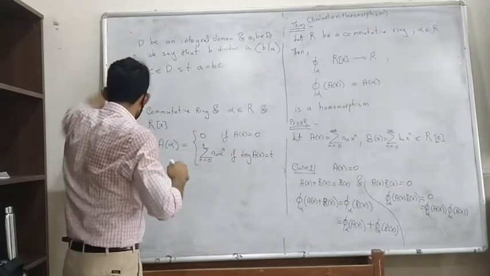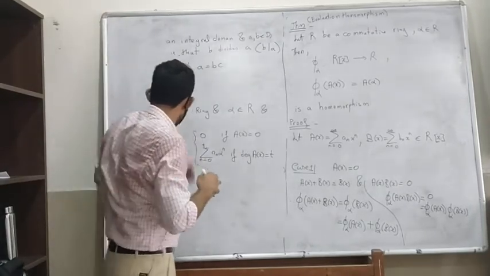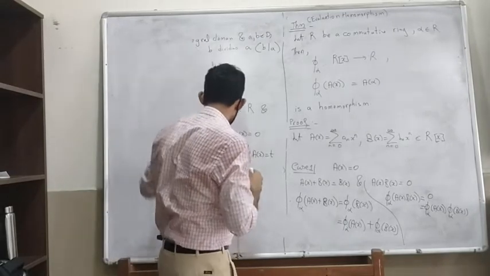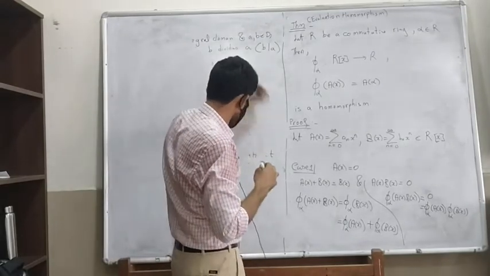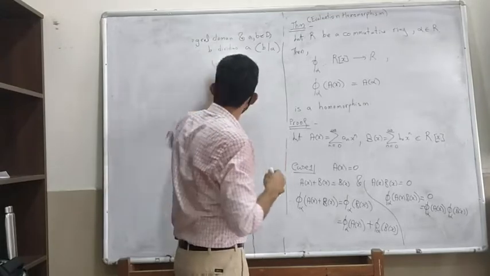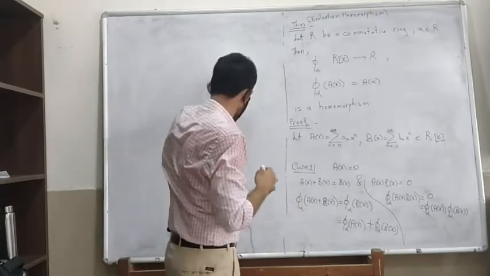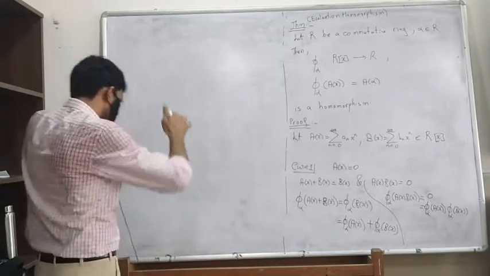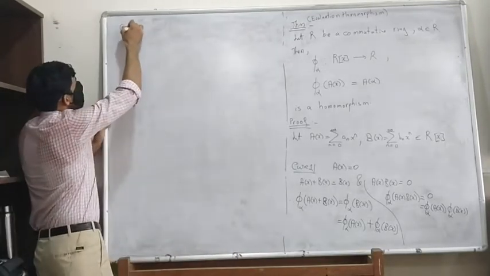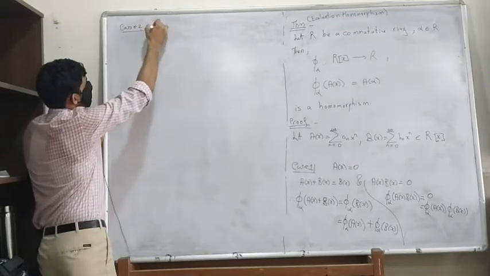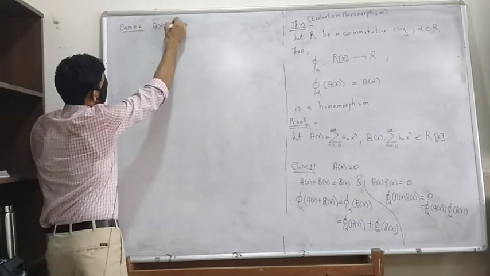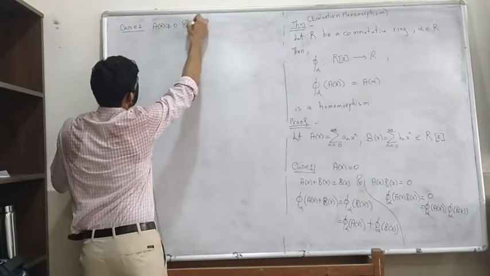What happens in the other case? Of course, I am not going to take the case when B of x is 0, it's exactly the same. So I am going to allow both of them to be non-zero. A of x is non-zero and B of x is also non-zero.